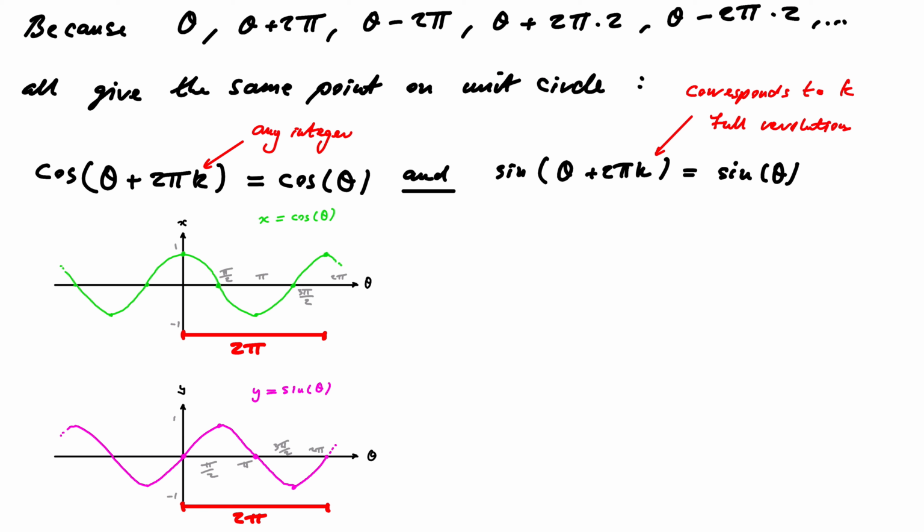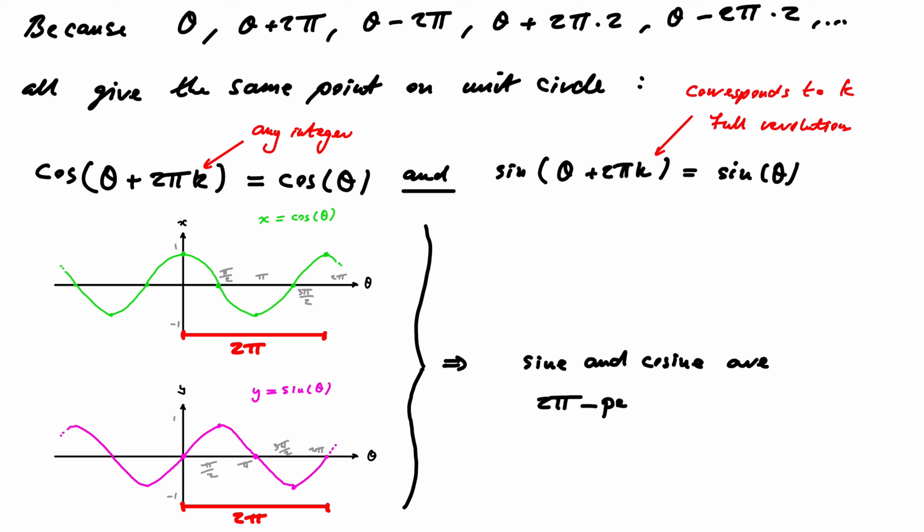All of this together is really telling me that sine and cosine are 2 pi periodic, is what we'll say. They repeat in blocks of 2 pi.